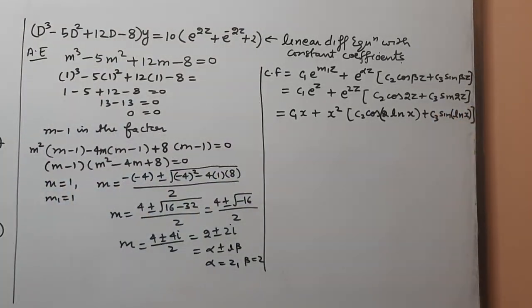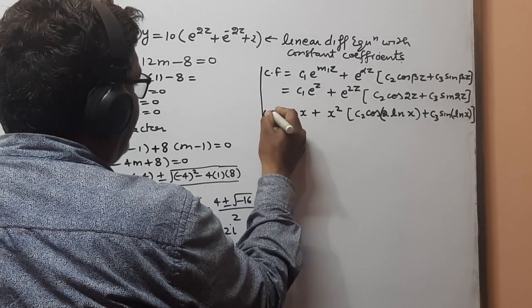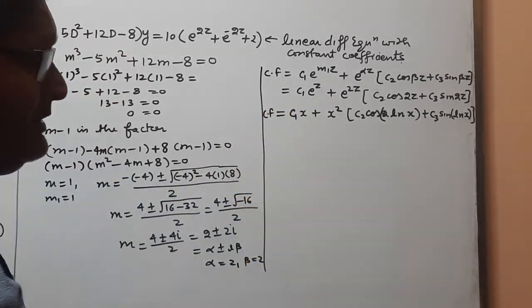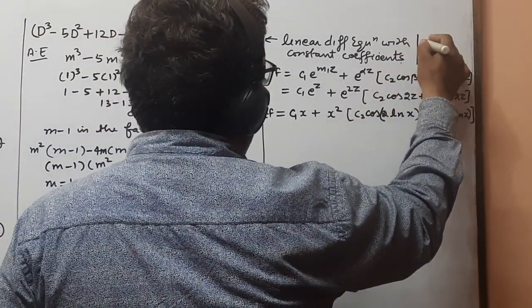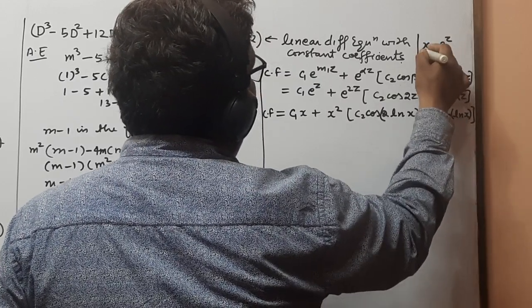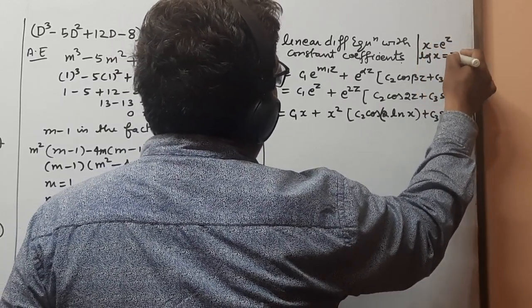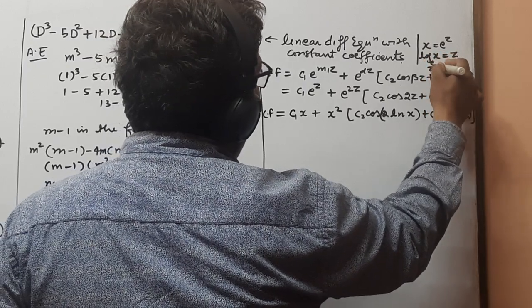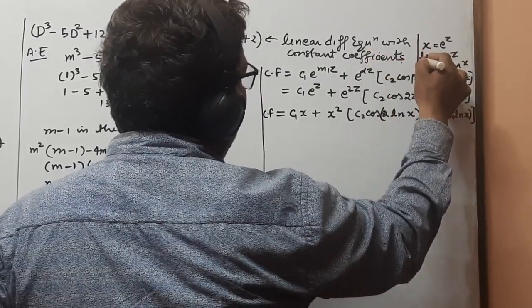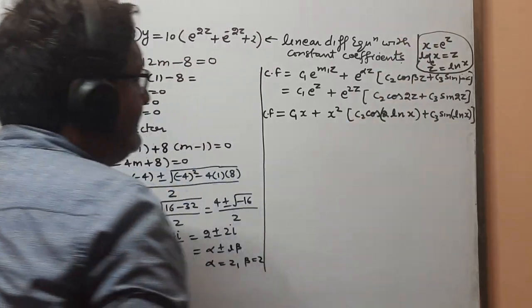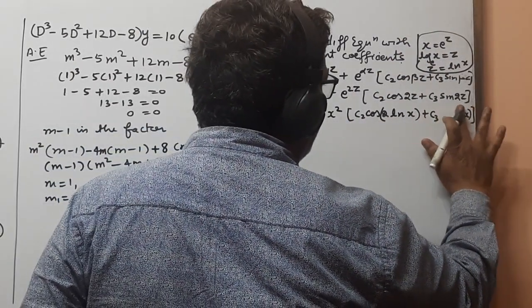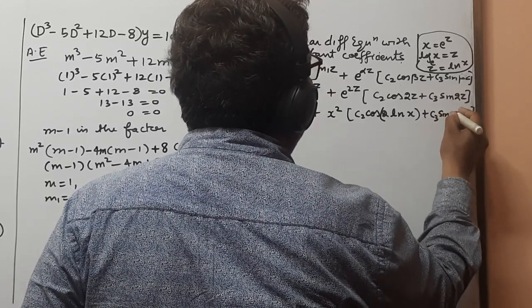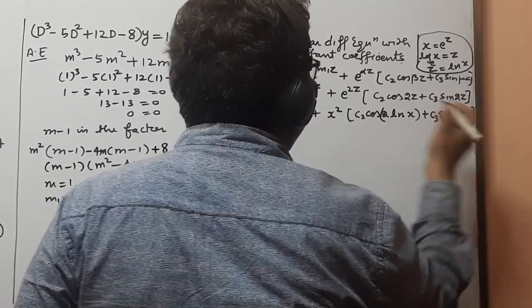You can see, because when we convert the given homogeneous linear differential equation into linear differential equation with constant coefficient, we put x is equal to e to the power z, so taking log, we get z is equal to ln x. So this is the complementary function, sin 2 ln x.